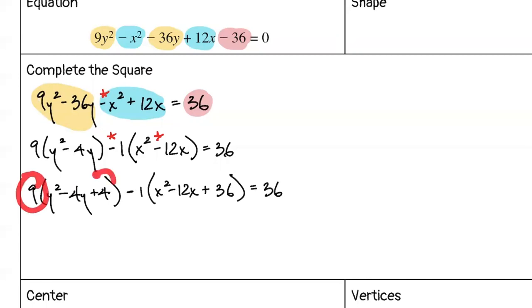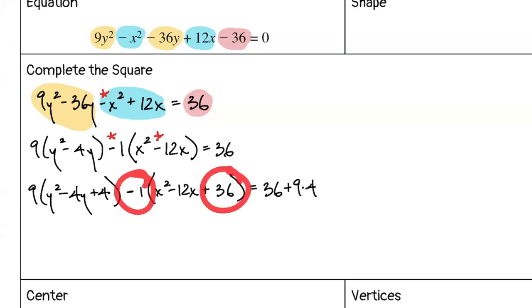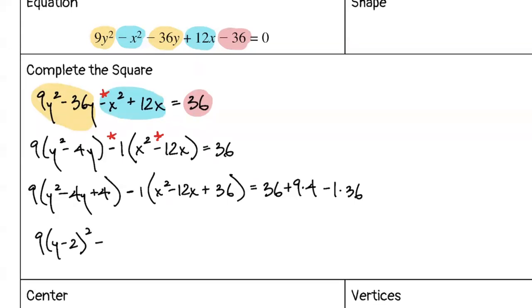I'm going to add 9 times 4, and I'm going to subtract 1 times 36. And so we end up with 9y minus 2 squared minus x minus 6 squared equals 36.